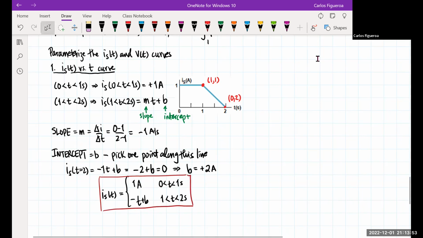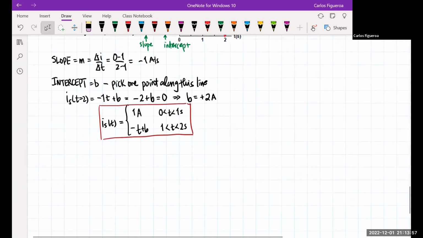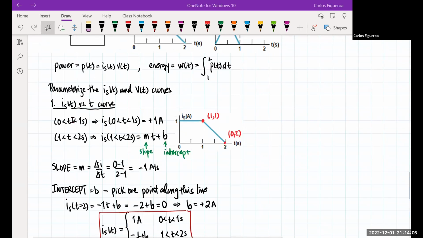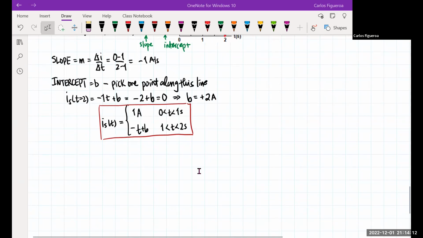So now I'm going to do the exact same thing for the voltage here. So if I look for the voltage, I'm going to see here, following the same process as before, that means I got to break down my curve, pick points, because I'm going to have linear lines. So here we go. So this is 2.